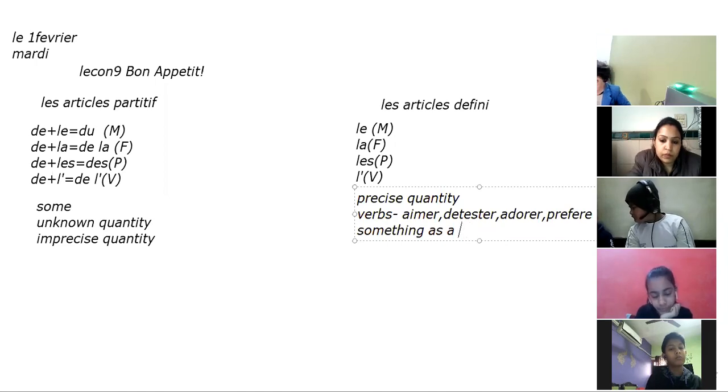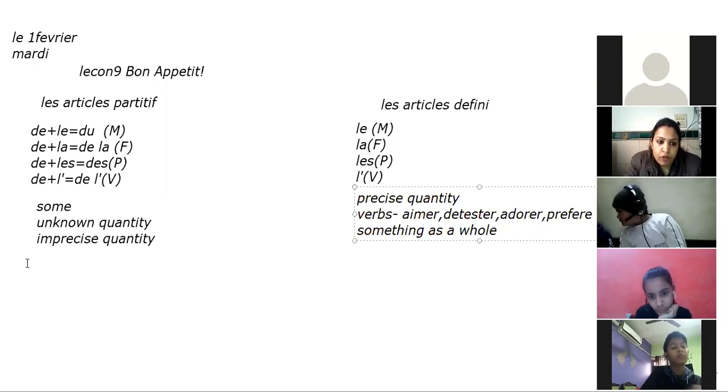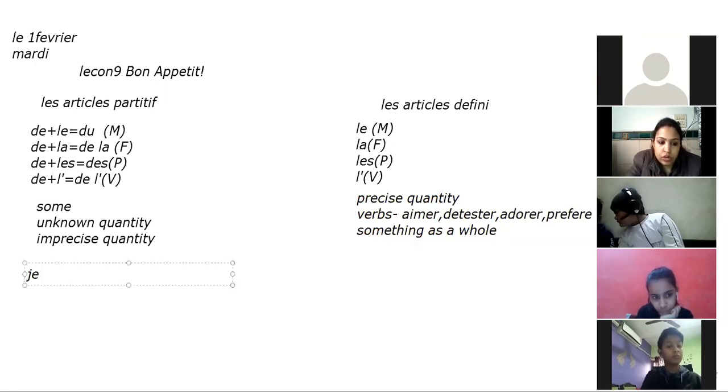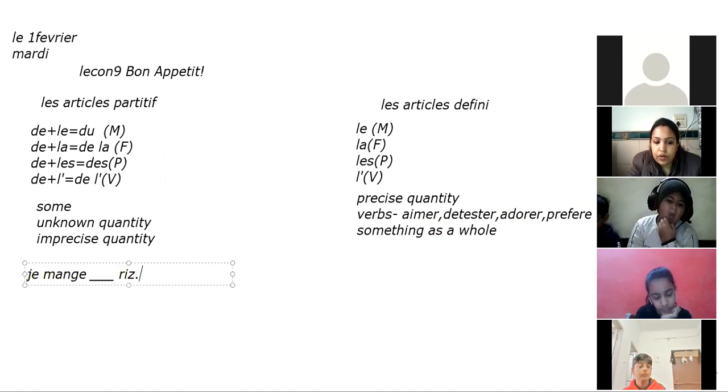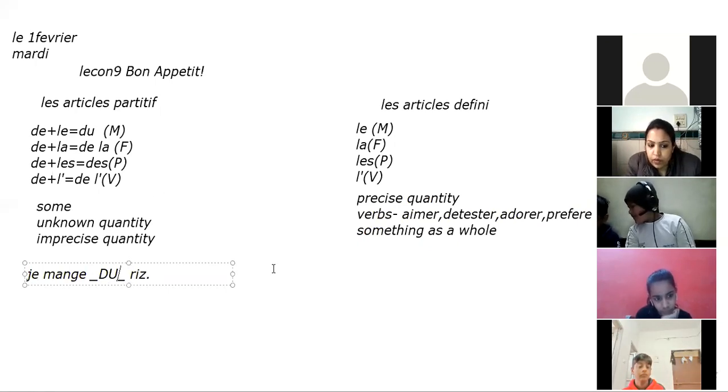Now I'm giving you one example for this article partitif. Here I am writing je mange dash riz. I eat rice. So my answer will be je mange du riz because rice is masculine. Je mange du riz.